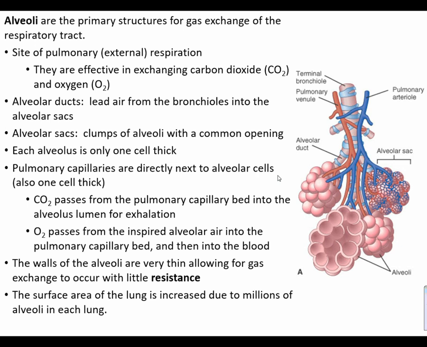The individual ball-like structures that you see here are the alveoli. The singular form of alveoli is alveolus. They're held in clusters called sacs. Each sac is like a grape cluster, and you can think of these alveolar ducts like the stem of a grape cluster.